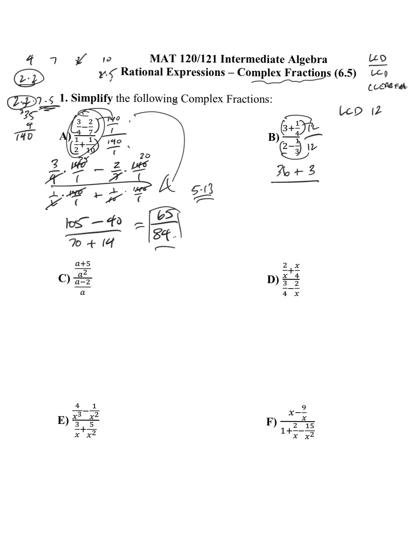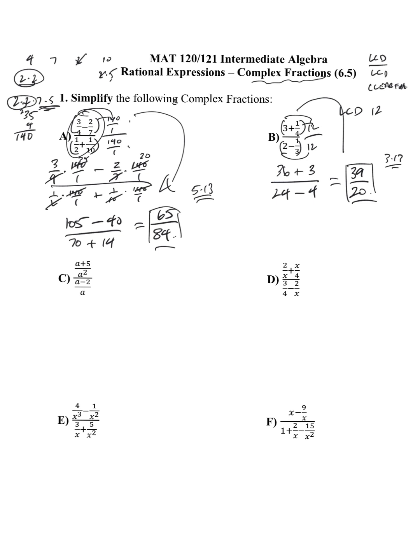Distributing down here, 12 times 2 is 24, minus 1/3 of 12 is a 4. So 36 plus 3 is 39, and 24 minus 4 is 20. That might be the final answer. 39 is 3 times 13, and none of these go into 20, so that final fraction is simplified. So this complex fraction simplifies into that fraction. There you go, there's our little LCD trick.